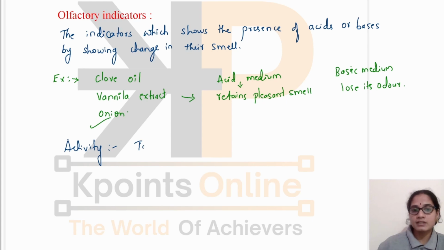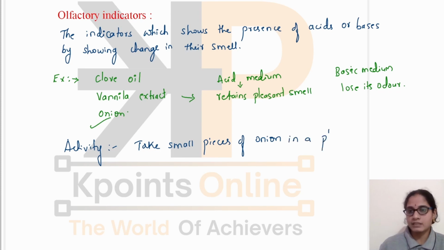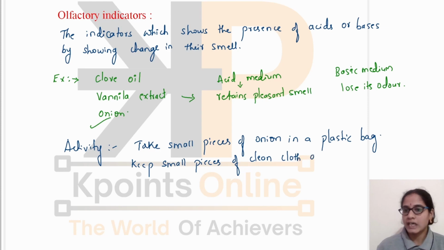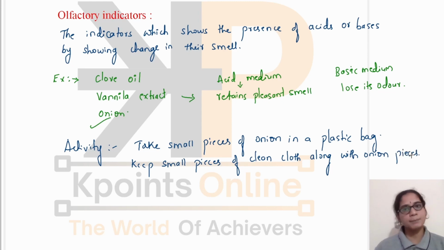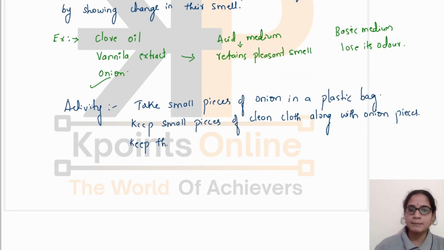You have to take small pieces of onion in a plastic bag and keep small pieces of clean cloth along with the onion pieces. Keep this plastic bag in the fridge overnight.